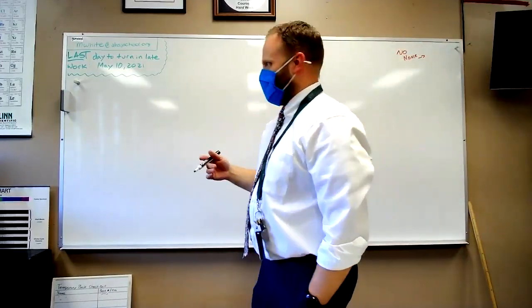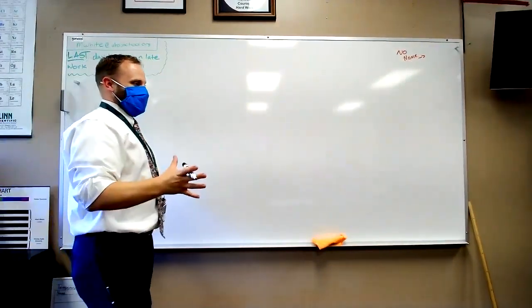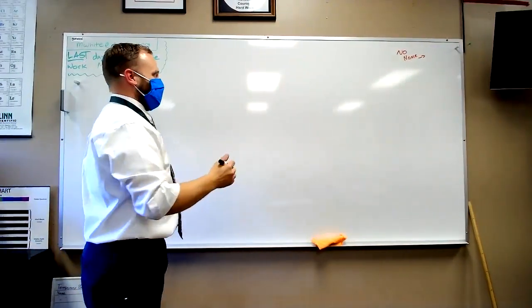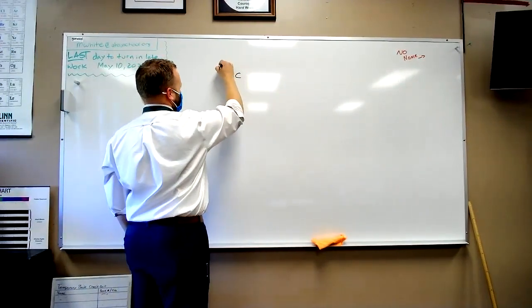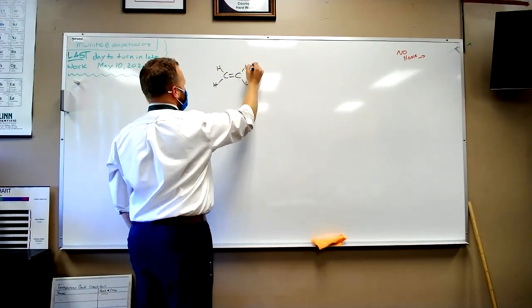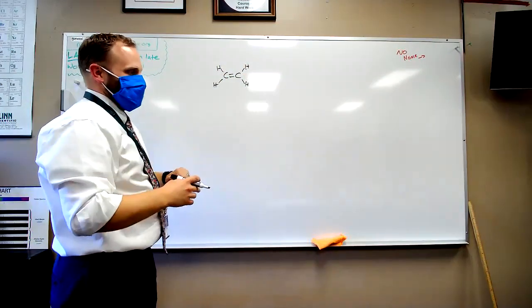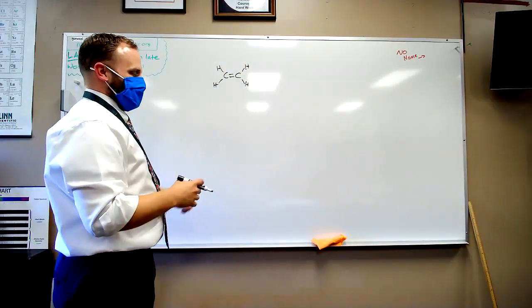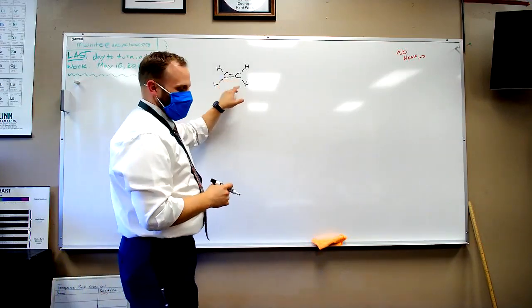Since we're adding something, we have to start with a molecule that can accept something. And so we have to start with a double bond. If this were fully saturated, by definition, we can't add anything else. Since it's unsaturated, we can.